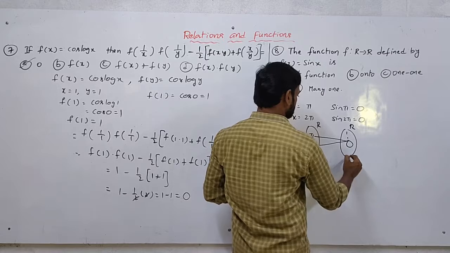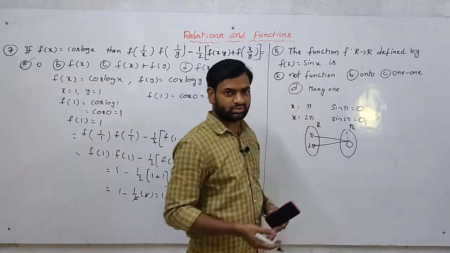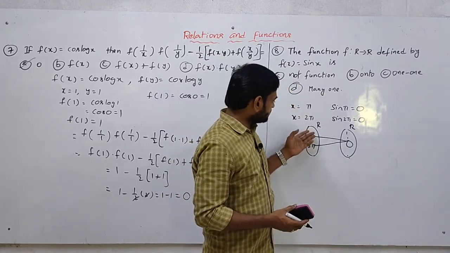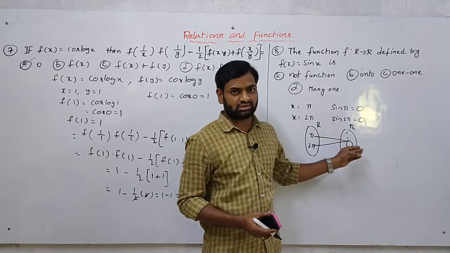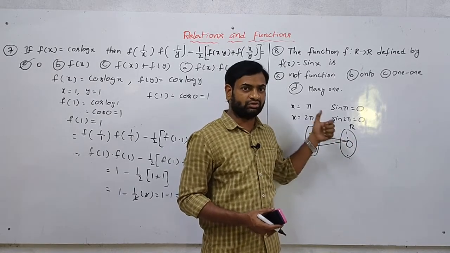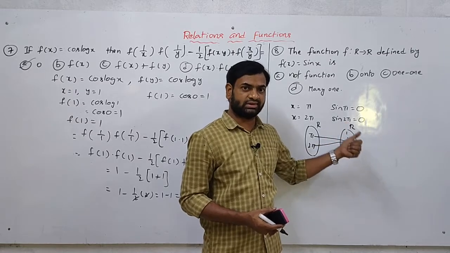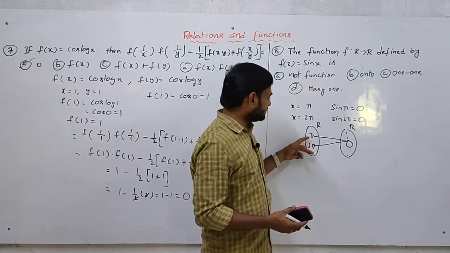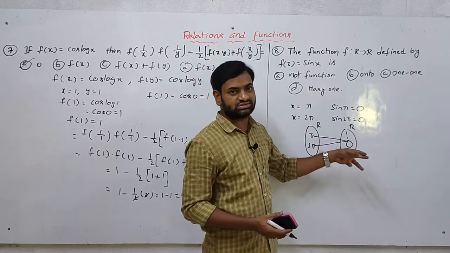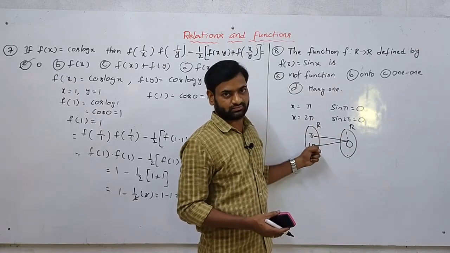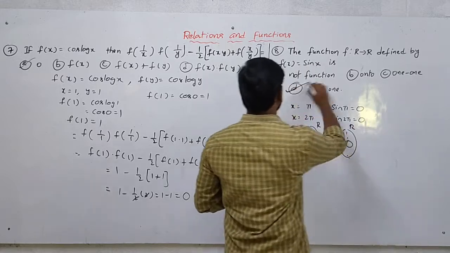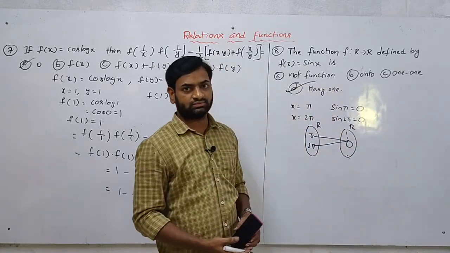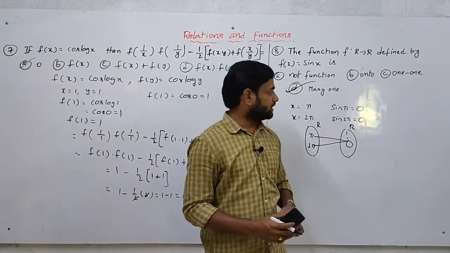If you take pi, 2 pi, different elements have the same image. If different elements have different images, it is one-one. But here different elements have the same image, so it is many-one. So the answer is D, which is not one-one, that is many-one.